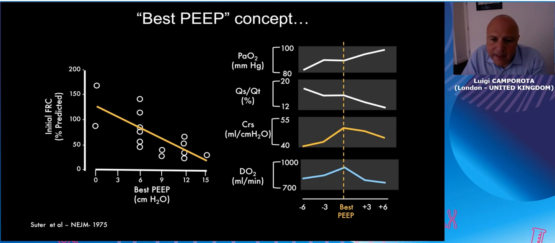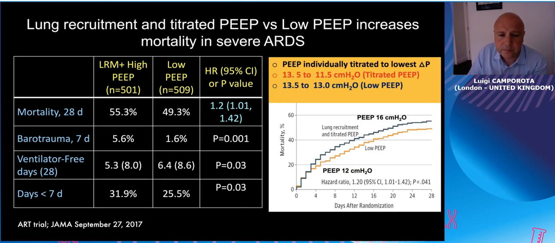Now, when we go to PEEP, PEEP is a bit more complicated. There's this concept of best PEEP, where we look at the combination of best lung mechanics, best gas exchange, but also best hemodynamics, because obviously PEEP will have an effect on the venous return and therefore the cardiac output.